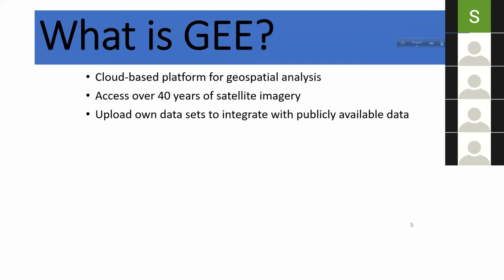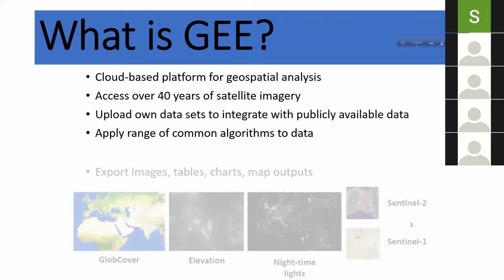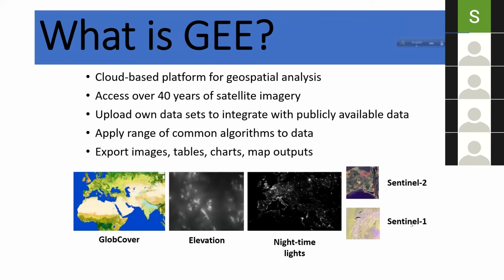Also, you can upload your own dataset or integrate your publicly available data in Google Earth Engine and use them. Apply a range of common algorithms to the data, and finally, export these images, tables, charts, or map outputs.